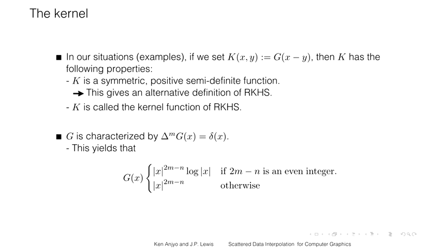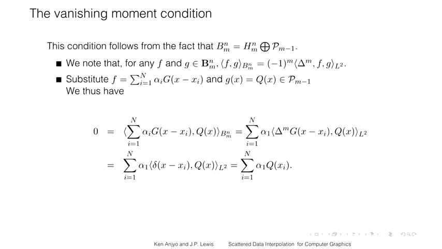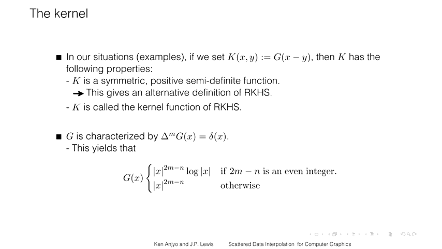In the example I've shown you today, if we set k in the first equation here like this, then we can easily check that k is a symmetric, positive semi-definite function. And actually, this gives an alternative definition of RKHS.